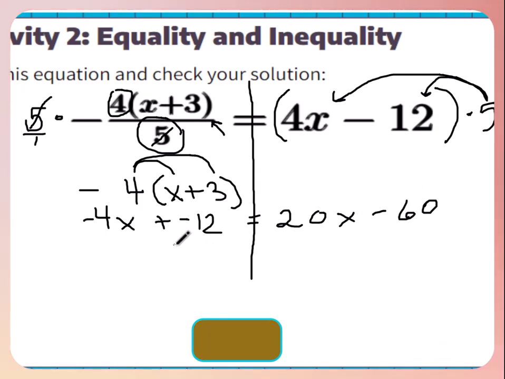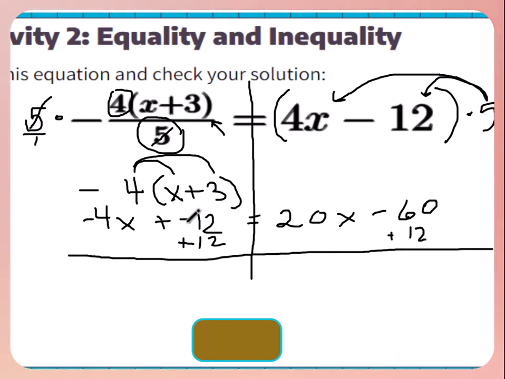Now start solving it. It should look a little easier now. We're going to add that 12 to both sides. Draw that line all the way across. And then 12, take away 12, that's going to be 0. I'm not going to write the 0. I'm just going to bring down the negative 4x. Bring down your equal.